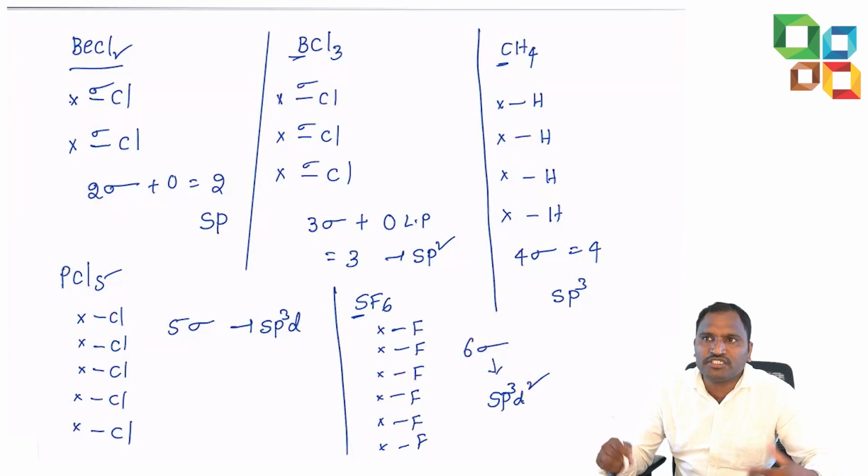Sorry, NH3 is a bit different, that also you do. That also I will do. Got it, students? Take the number of valence electrons and whatever the bonded atoms are.